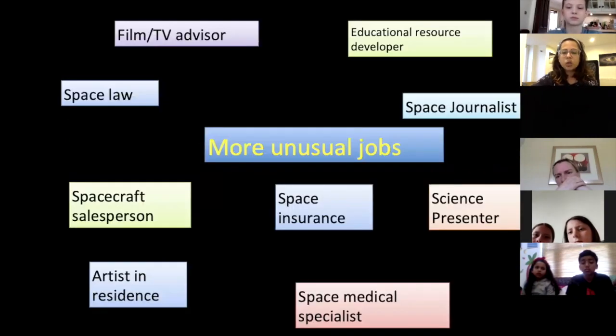Or there's more unusual jobs in the space industry, for example, space lawyer, space artist, space journalist, and I even saw an advert for a space vet recently, because we are taking more and more animals up into space, and we need people that can actually look after those animals in space.